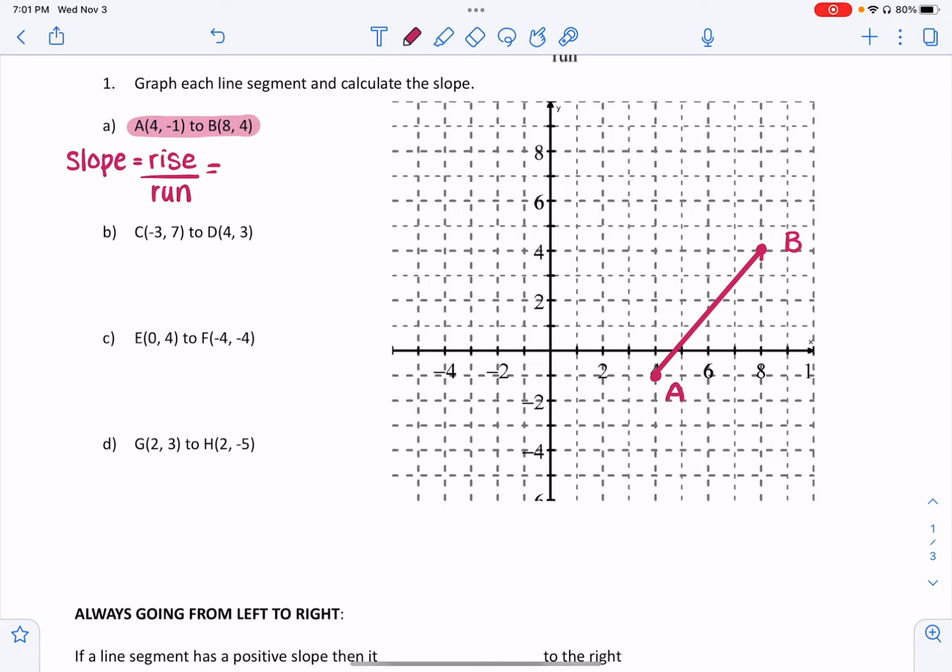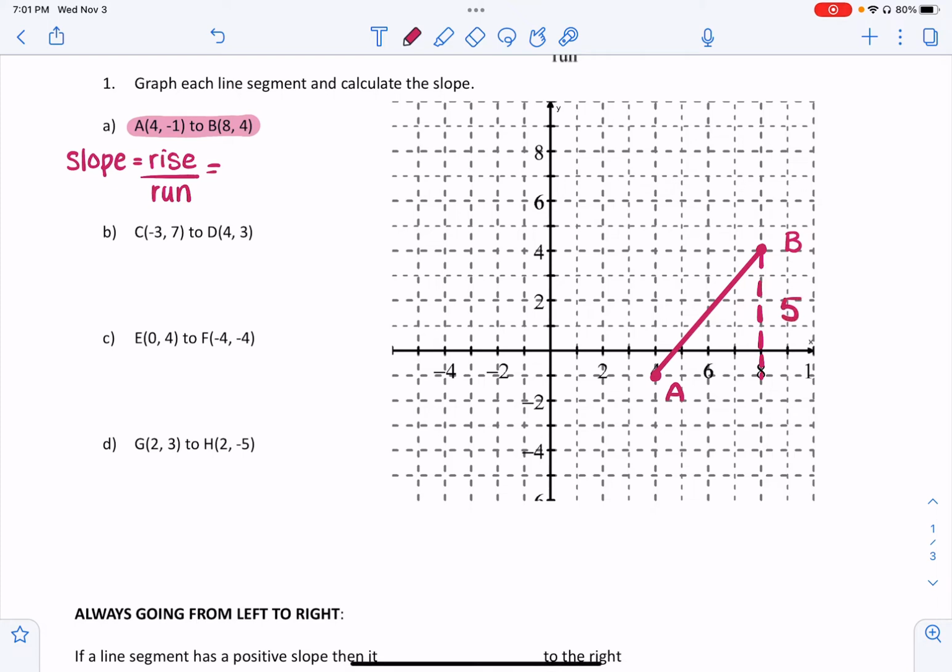So I'm just going to look here to see the vertical change between A and B. If I count how many numbers are between A and B, we're going to count how far this is. So we have 1, 2, 3, 4, 5. My rise is 5.